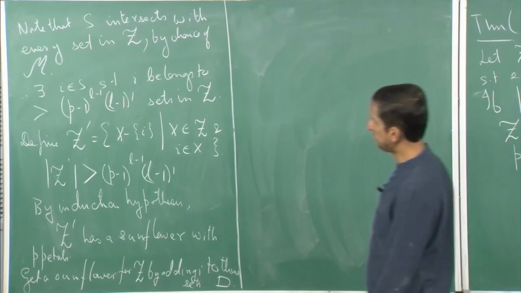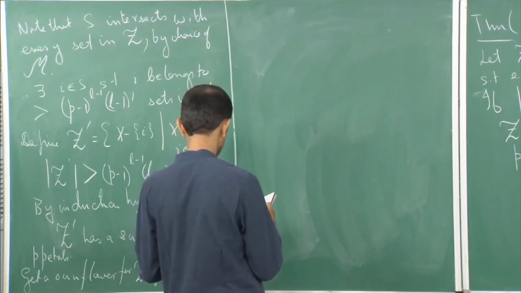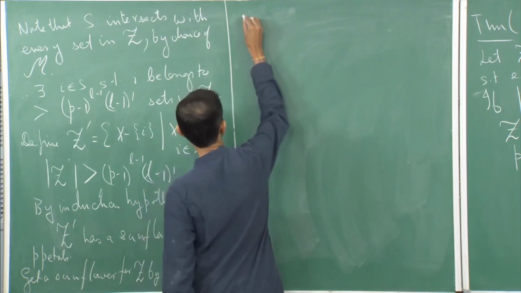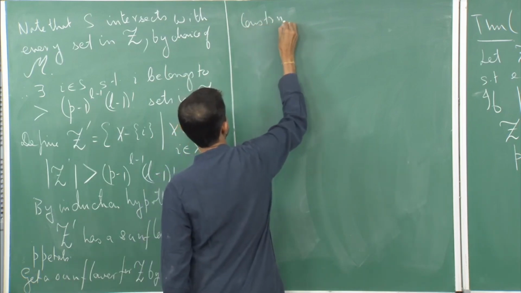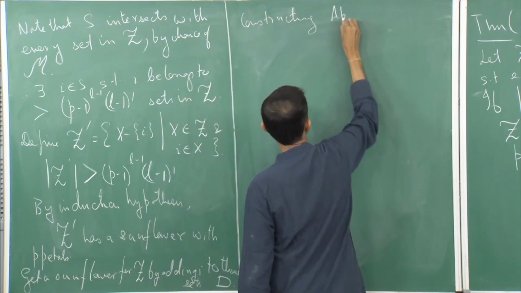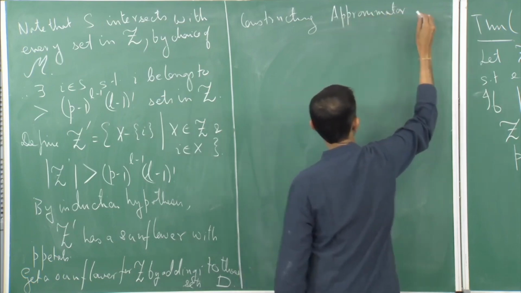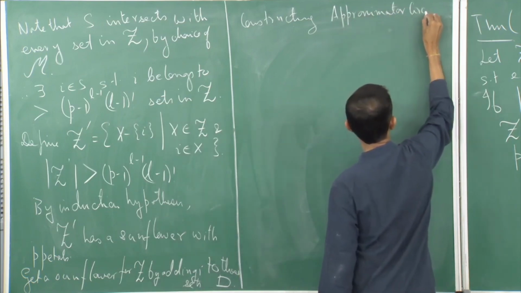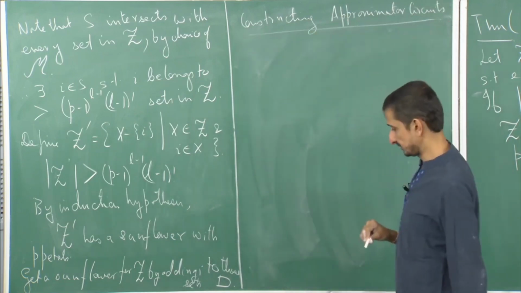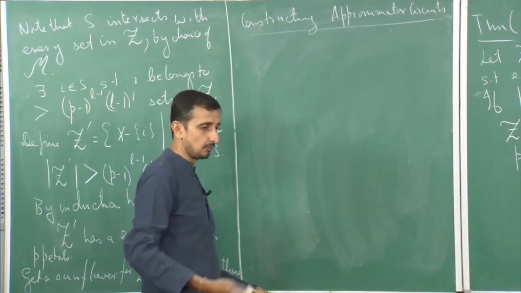So now let's see how we build the approximator for AND and OR gates. Constructing these approximator circuits, we'll actually do this by induction in a bottom up fashion.